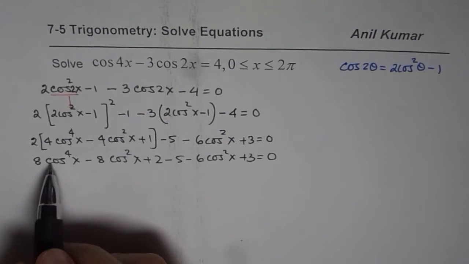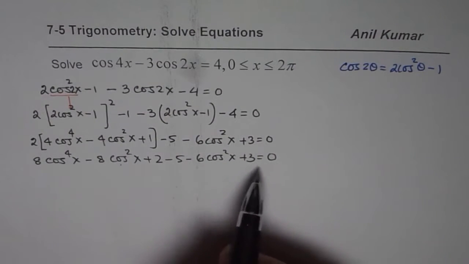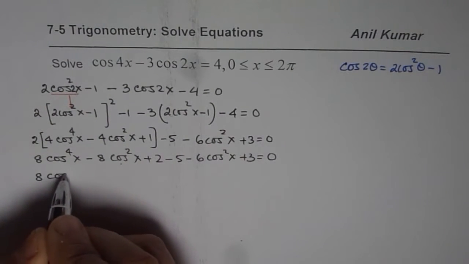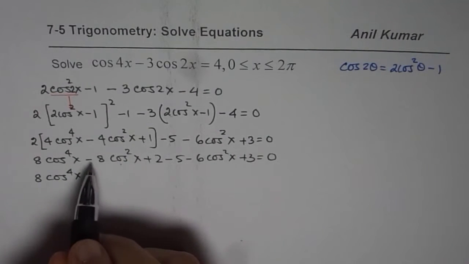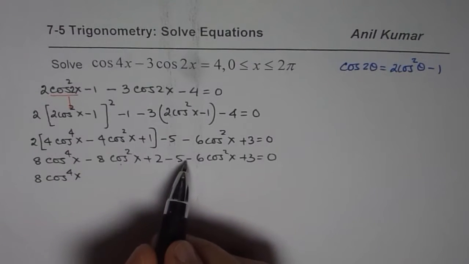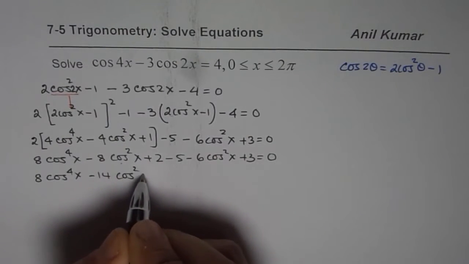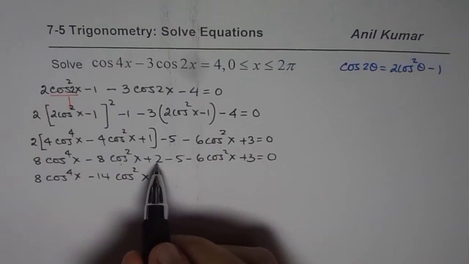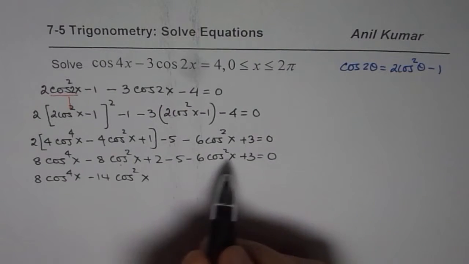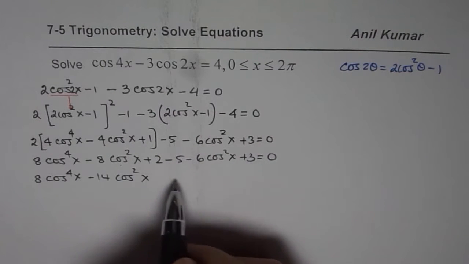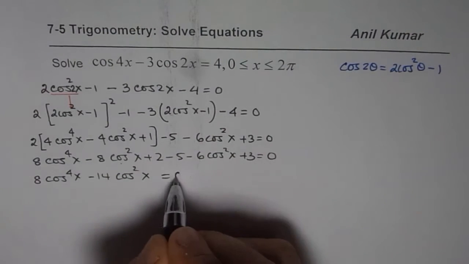Now we can combine the like terms, which are cos square x and the constants. We get 8 cos to the power of 4 x minus 8 cos square x and minus 6 cos square x gives us minus 14 cos square x. The numbers are plus 2 plus 3 is plus 5, plus 5 minus 5 is 0. So these numbers are 0, right?